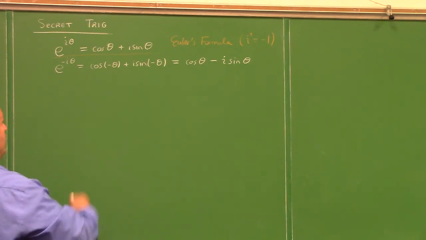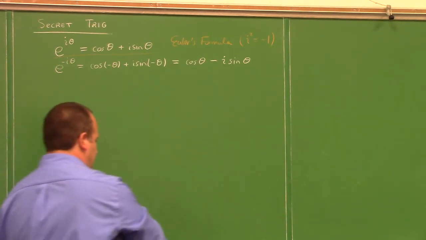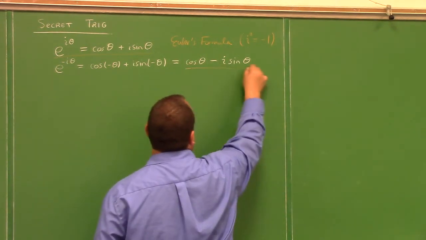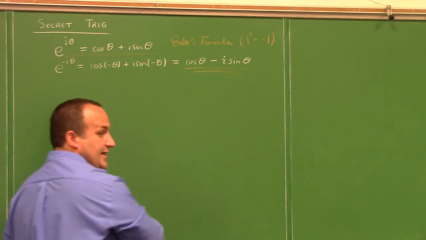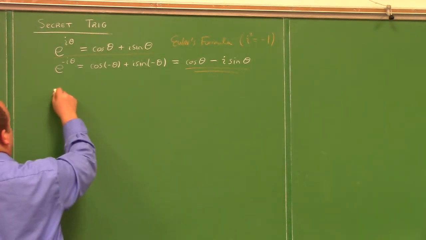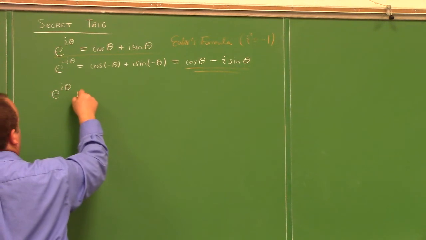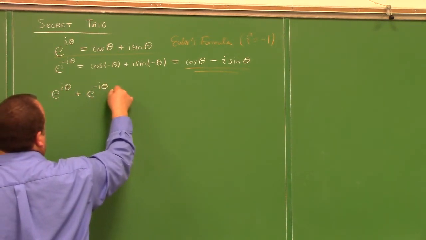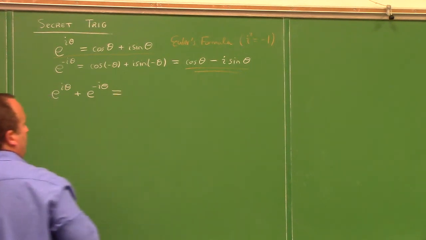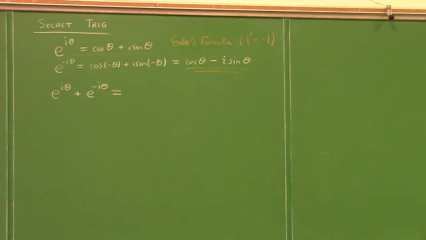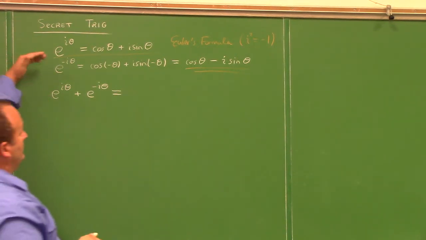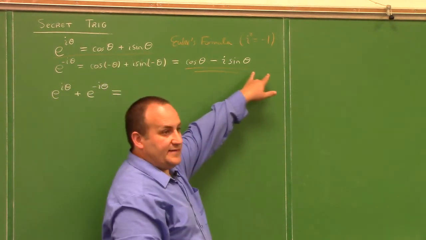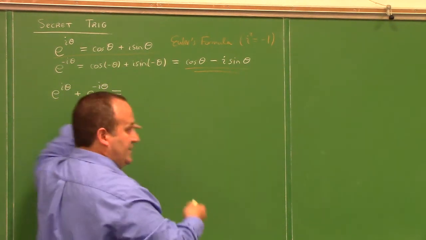But if you take what I just underlined, and if you take what I just underlined twice, and you add those, what happens? See what happens when we add them? The i sine theta and the minus i sine theta cancel. We're left with twice cosine theta.